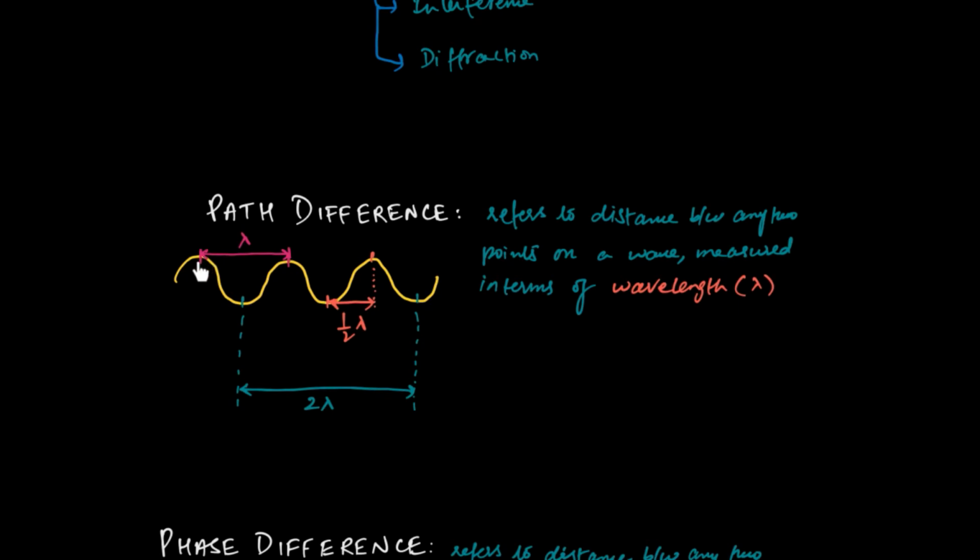So one crest relative to another crest, the distance would be one lambda or one wavelength. One crest and successive trough would be half the wavelength, and skipping one crest and going to another crest would be the distance of 2 lambda or 2 wavelengths.